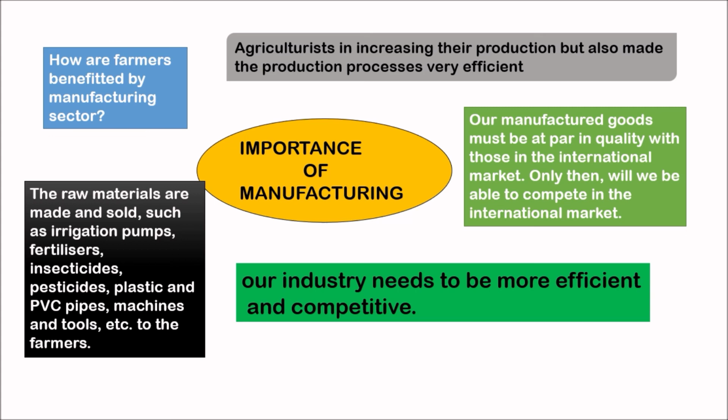So the manufacturing sector plays a very important role in any country's development. That too more specifically in a country like India, where we are majorly dependent on agriculture, we need to focus more on developing the manufacturing sector, and that can make India a prosperous nation very soon.